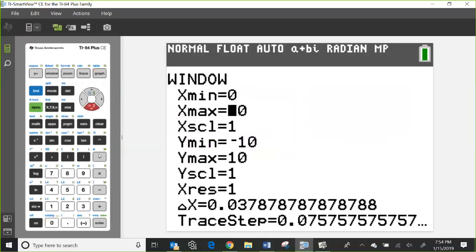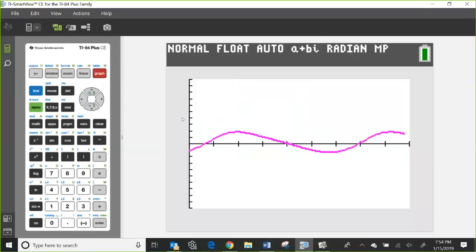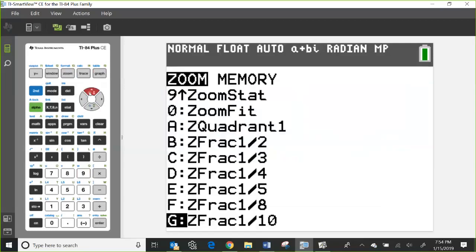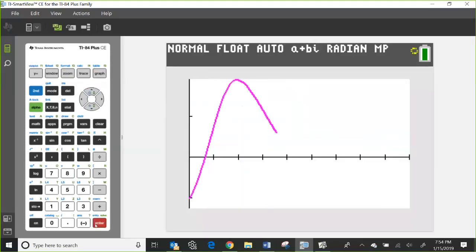All right, so I'm just assuming maybe you couldn't find it. You graph it. But it's only between 0 and 9. If you then do your Zoom Fit, it keeps the 0 to 9 and finds all the y values between the 0 to 9.